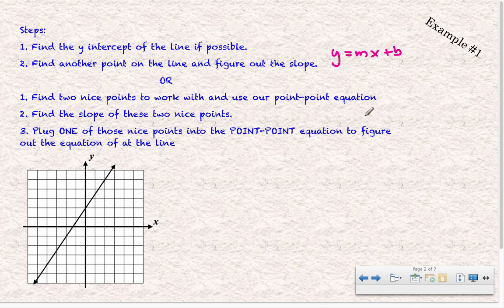Or do we have to use our point-point? So let's see. Find the y-intercept of the line if possible. Did it. Find another point on the line and figure out the slope.